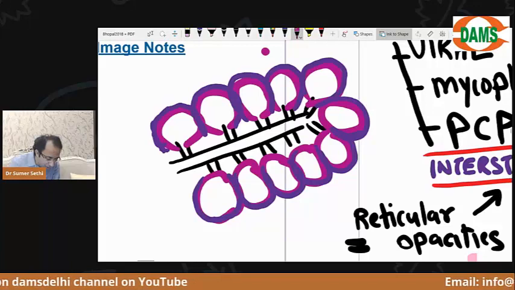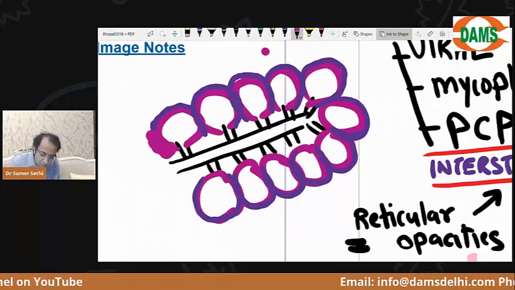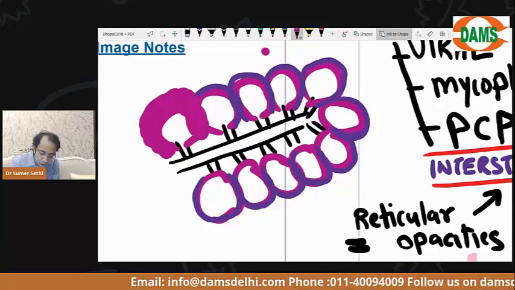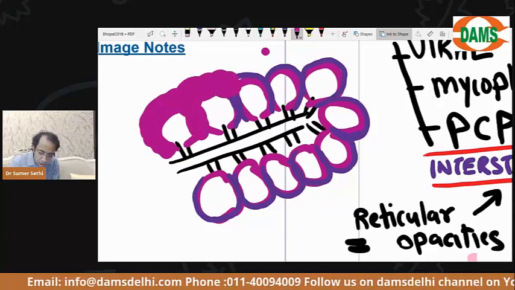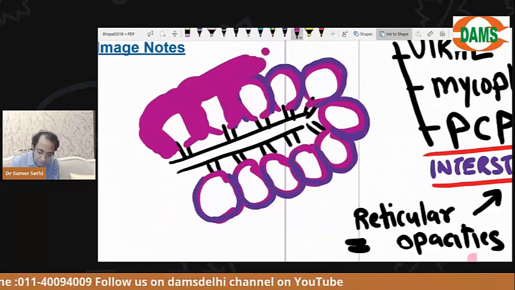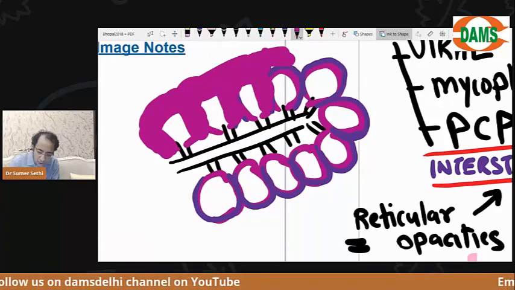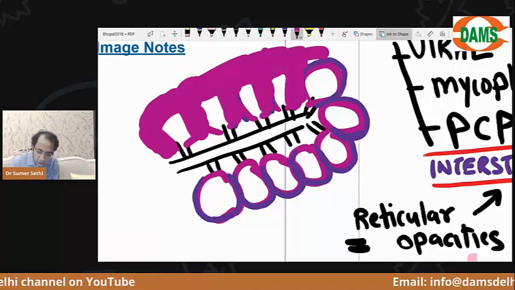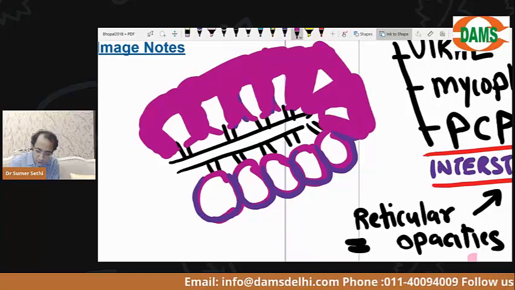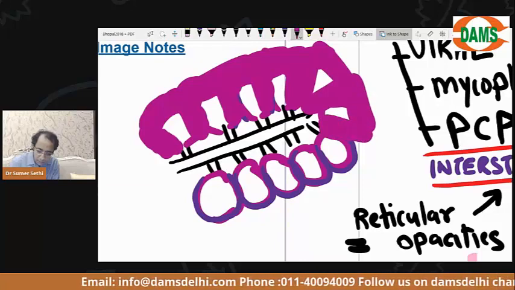Because of fibrosis, this area will get more and more thickened. So the interstitium will develop fibrosis with a long-standing irritant, and the air spaces will become smaller and smaller.